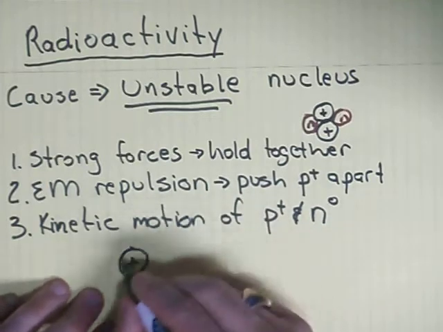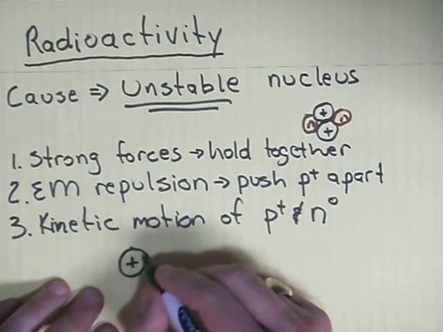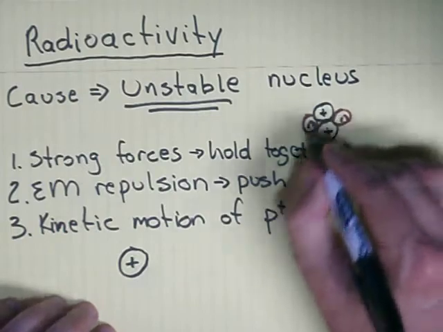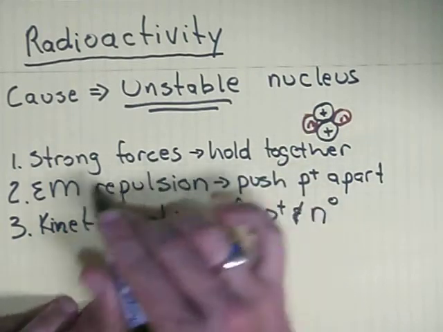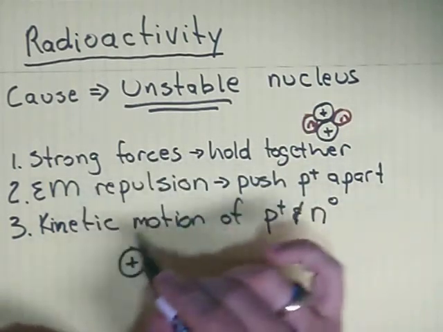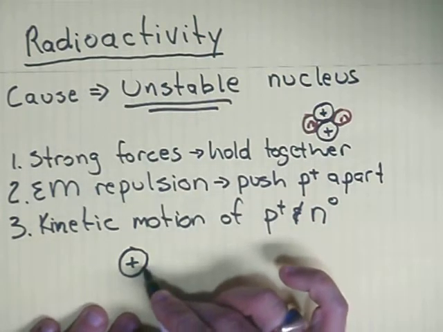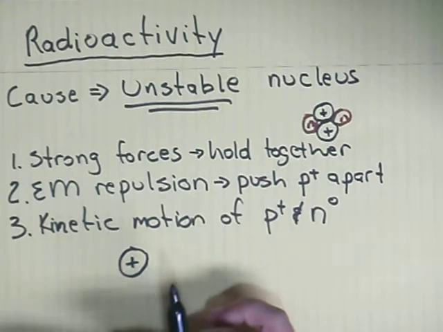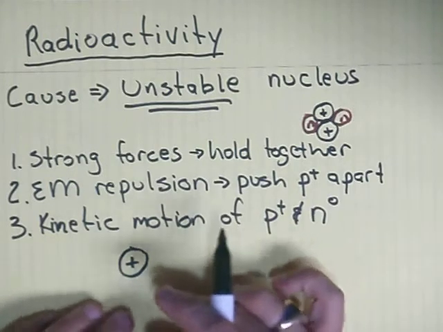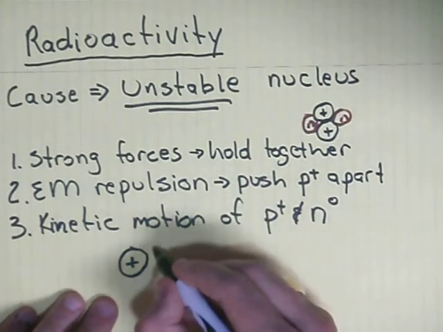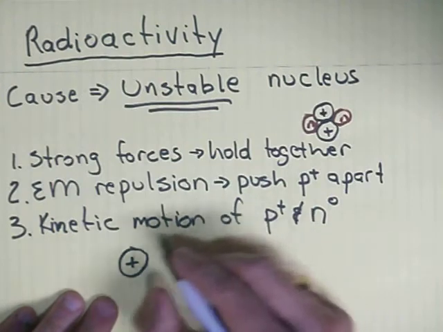If it's with a bunch of other atoms, especially with the strong forces holding them together, then it's bigger and it has a larger mass. But if we're looking at just 1 proton, like what we might see with hydrogen, well, that is hydrogen. And so this is going to be moving.